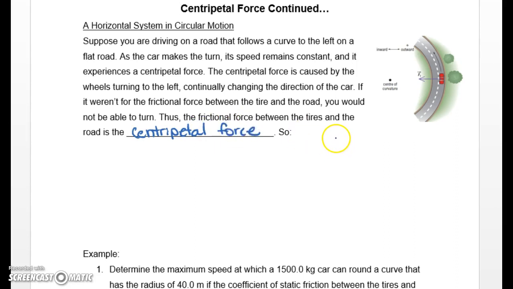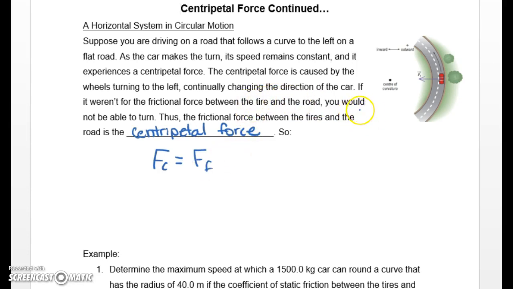Alright, so let's put this into a bit of equation form. Here we're saying that our frictional force is the centripetal force. So we can say that the centripetal force is equal to that frictional force between the tire and the road.